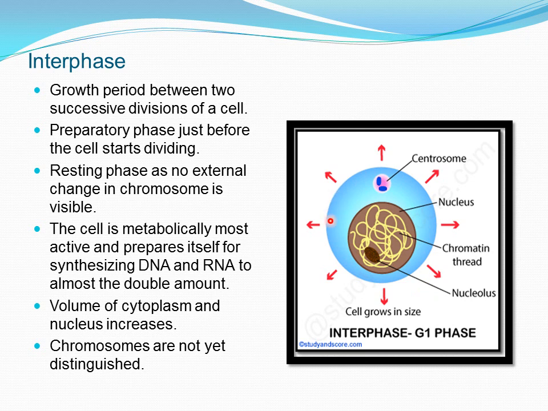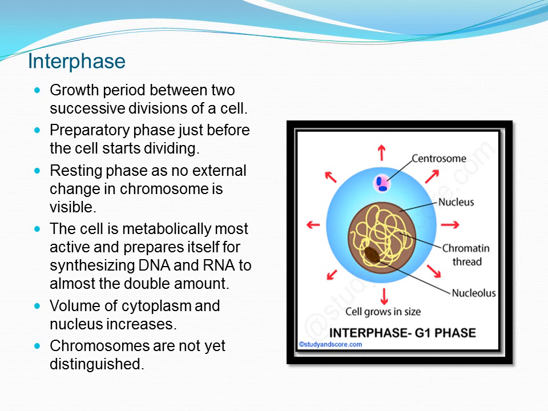So this is a resting phase where no external change in the chromosomes is visible. Now what is happening? The cell is metabolically most active and preparing itself for synthesizing the DNA and RNA to almost double the amount. The volume of the cytoplasm increases, the volume of the nucleus increases, and the chromosomes are not yet distinguished.